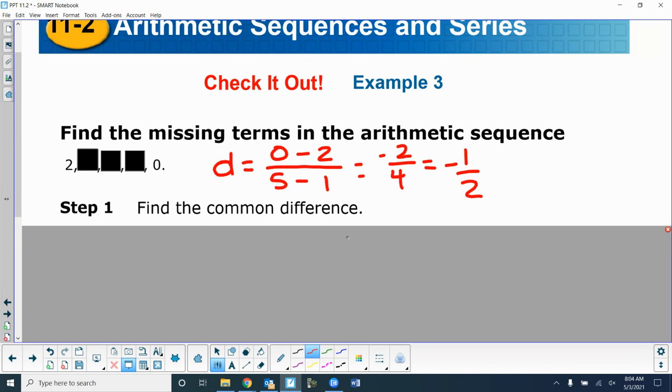So what's 2 minus 1/2? 1.5, right? 1.5 minus 1/2, 1. 1 minus 1/2, 0.5. 0.5 minus 1/2? 0. Okay? Make sense?